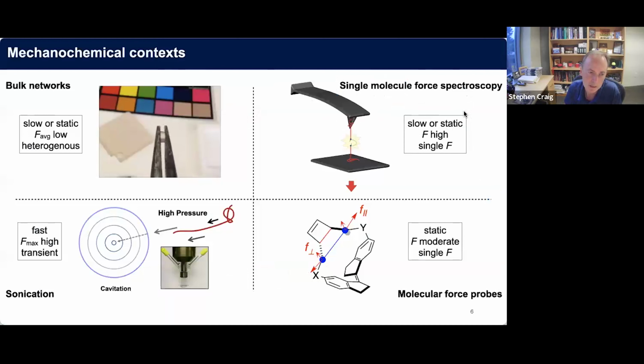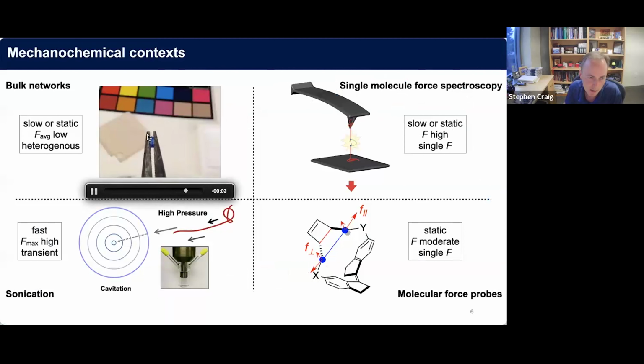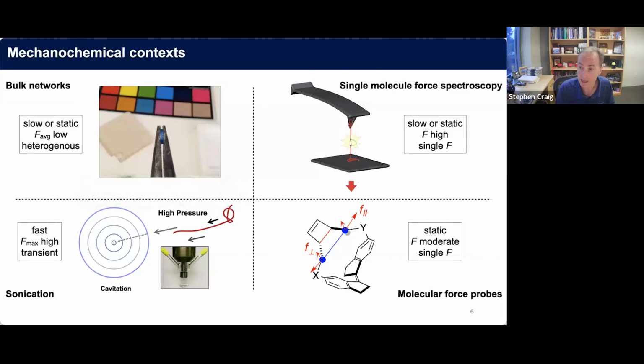And mechanophores now pop up in a lot of different contexts, including very heterogeneous bulk systems and single molecules. Sometimes the forces applied are very high and held for long periods of time. Other times they're experienced for maybe as short as microseconds, in the case of collapsing sonication bubbles.